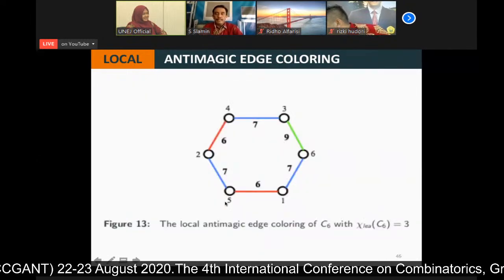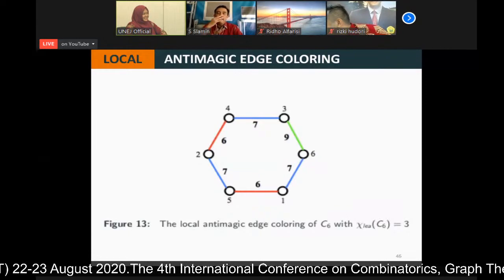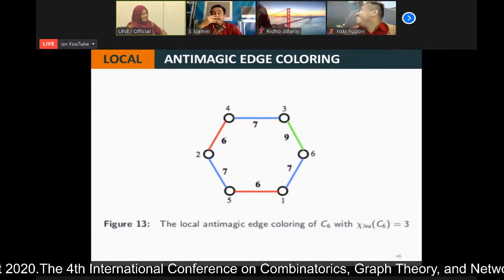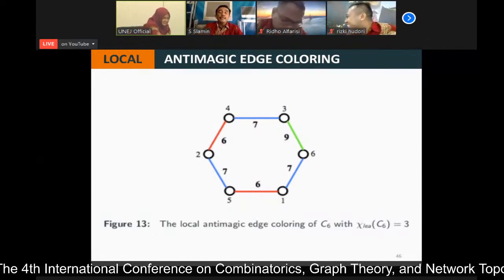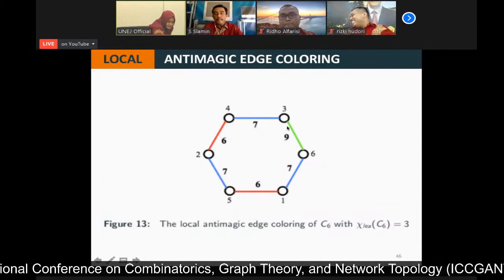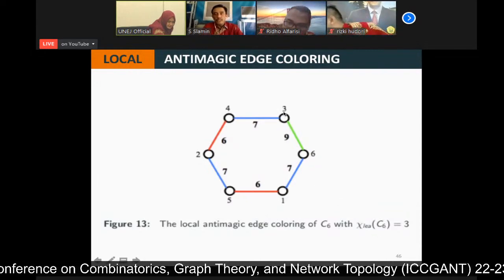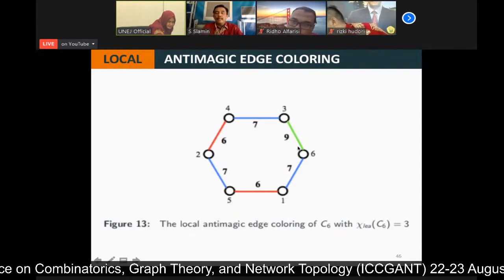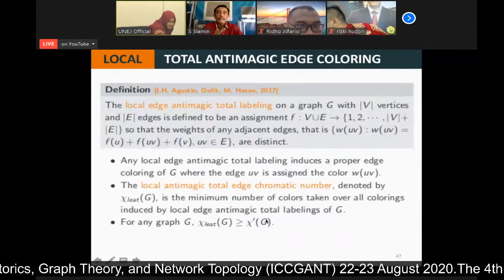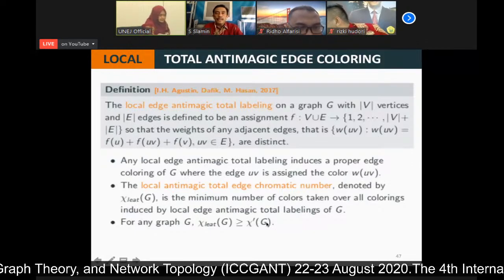It is similar to the edge coloring for the cycle, but you can see here that the chromatic number is equal to 3, which is larger than the original edge chromatic number. And we also have another version.